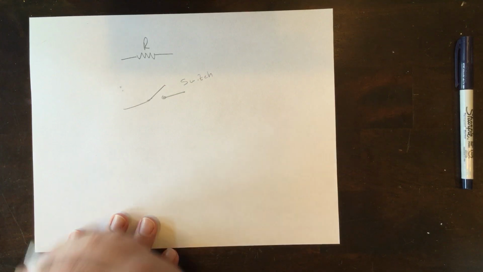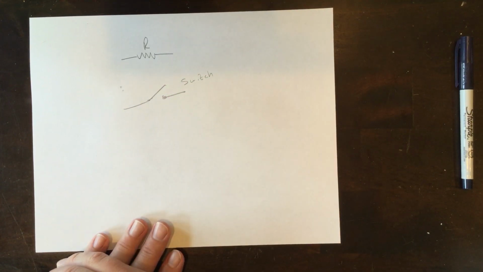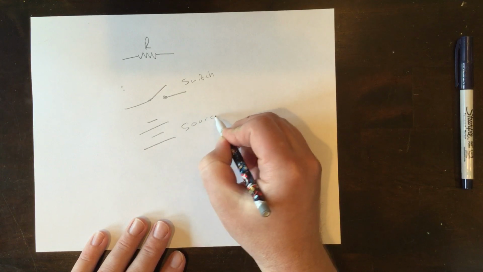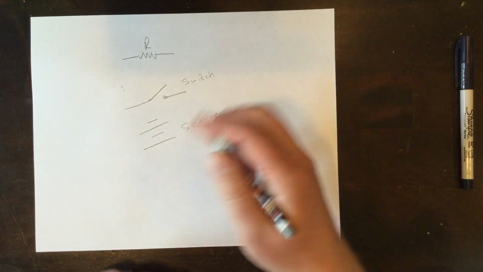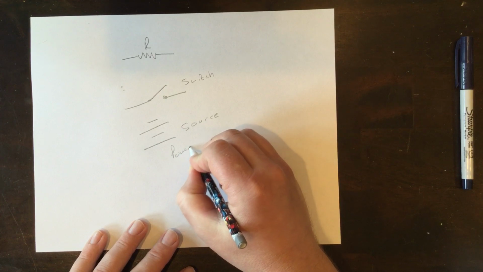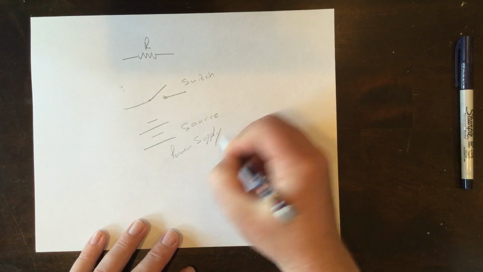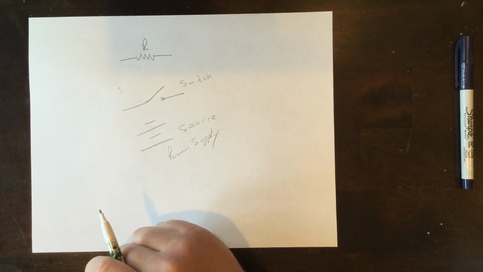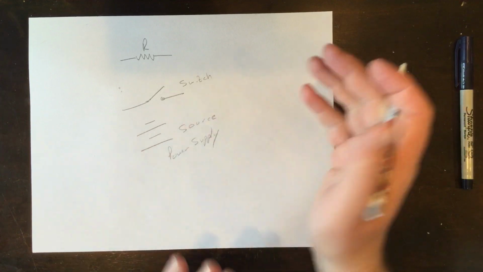This is our source. It could be a battery or some other kind of power supply. Our resistance could be anything from a light bulb to an actual resistor to anything.